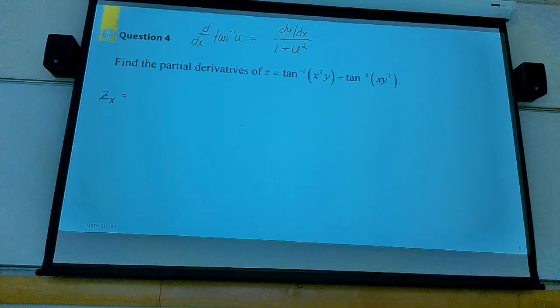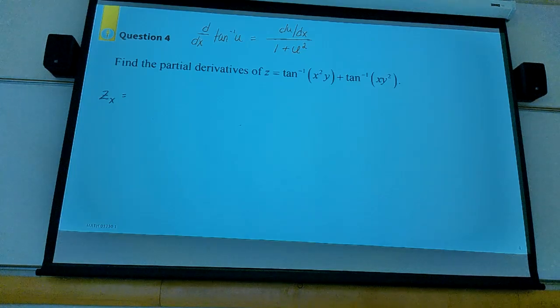First term, taking the inverse tangent of x squared y. So what is that derivative with respect to x? Partial x of x squared y. 2xy over 1 plus.